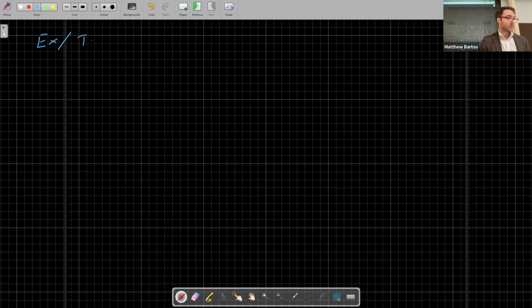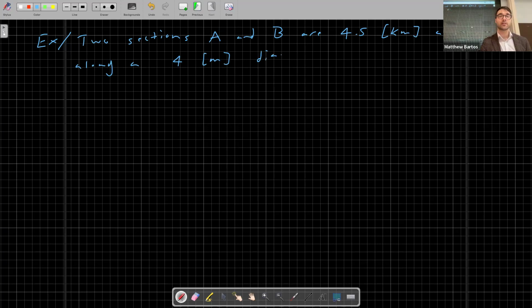So we have two sections. We have 2 points along a pipe. Let's say 2 sections, A and B, are 4.5 kilometers apart along a 4-meter diameter riveted steel pipe, same as in the last problem, in best condition.